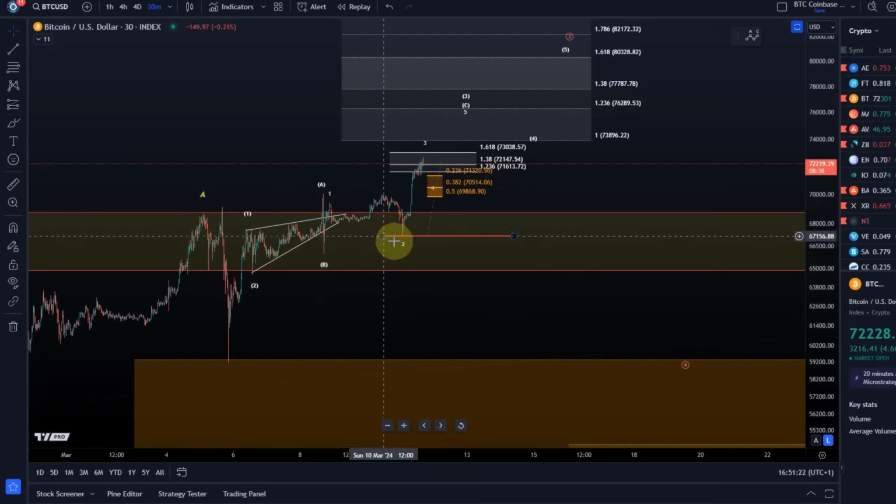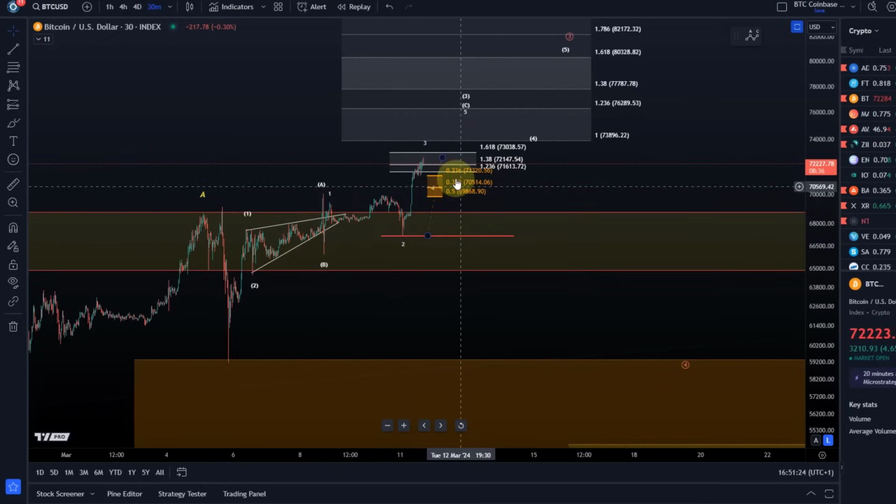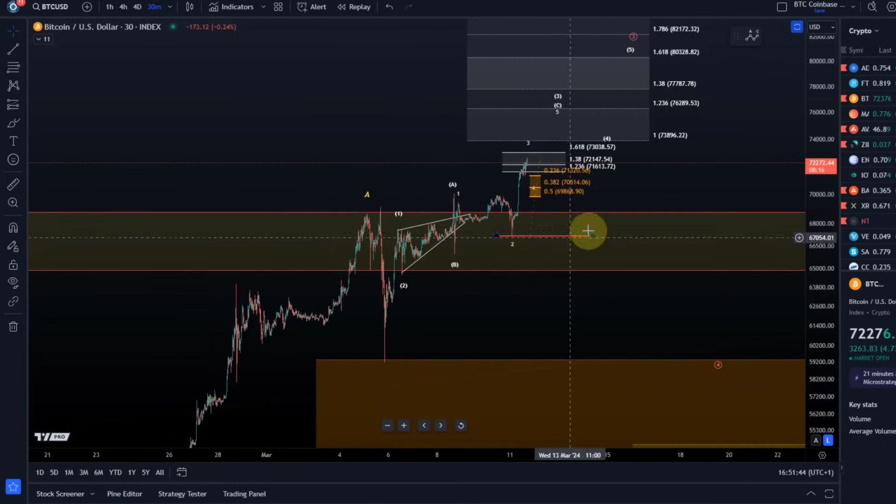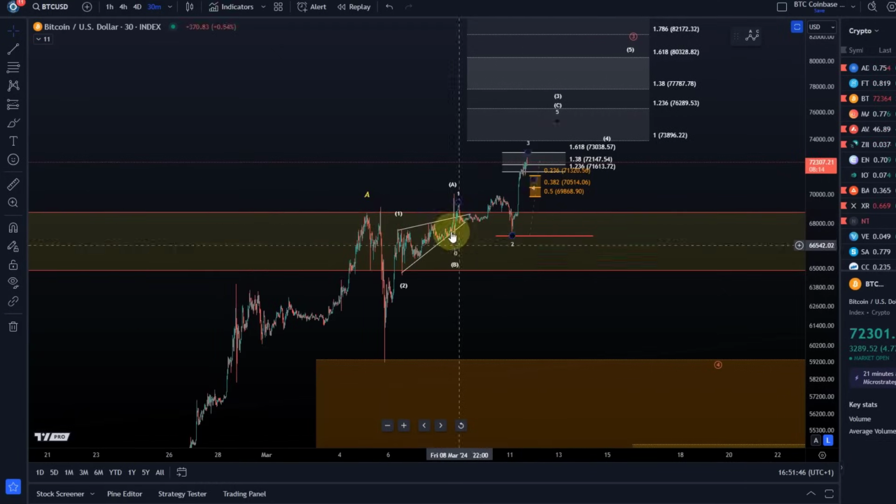For further upside, the first indication that the top is in place is a break below support, whereas the formal invalidation point for this structure is the wave 2 low. That is the intraday low that occurred here actually overnight, at around 67,200. So that really needs to hold to maintain the upside perspective.